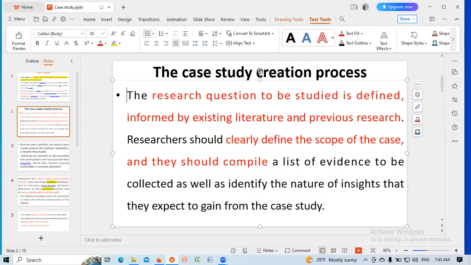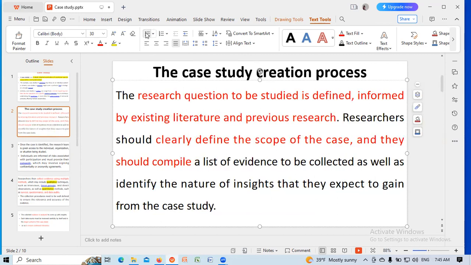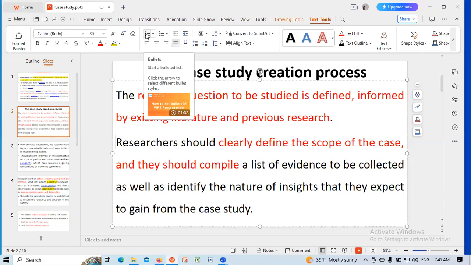A researcher should clearly define the scope of the case, and should compile a list of evidence to be collected, as well as identify the nature of insight that they expect to gain from the case study.